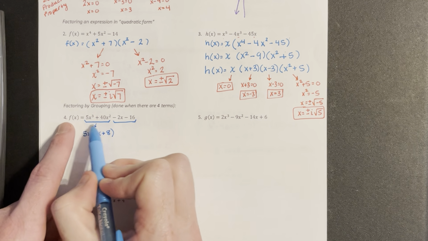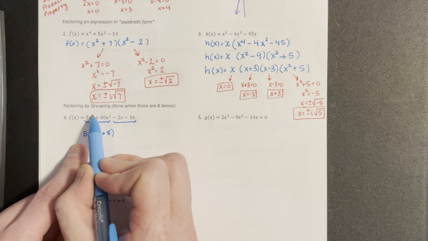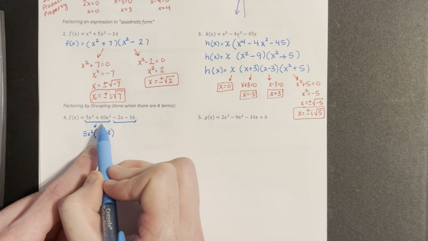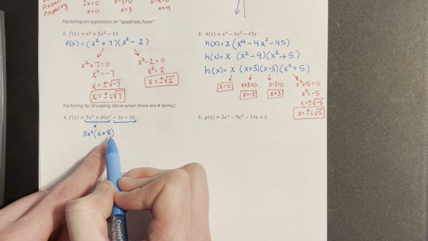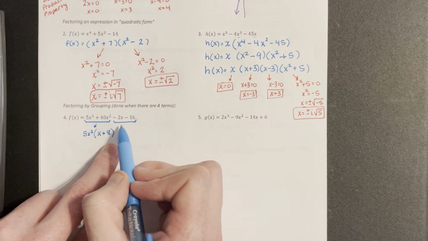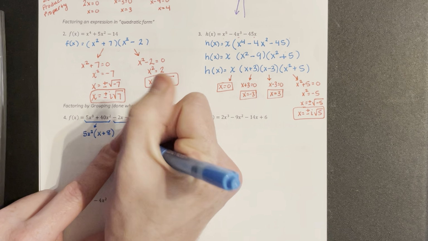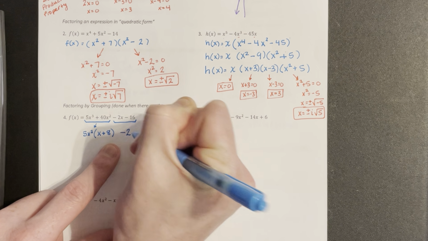So all I'm doing is trying to factor out a GCF of the first 2. When I factored out a 5x squared from that first term, I'm left with an x. If I factor a 5x squared out of the second term, I'm left with an 8. That's what we start out with. Then we go to this next pair. So negative 2x and negative 16 has a GCF of negative 2.